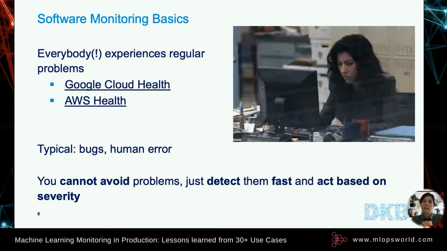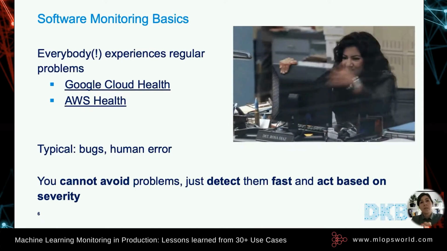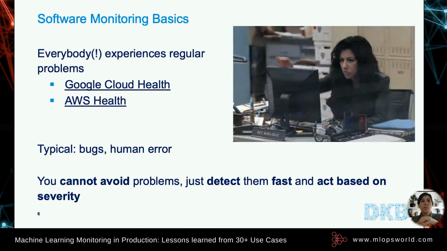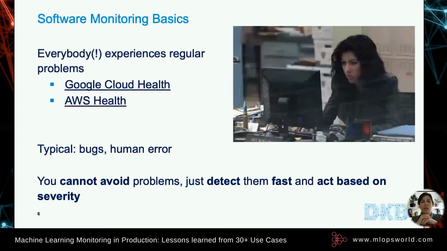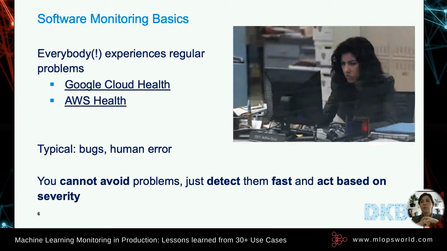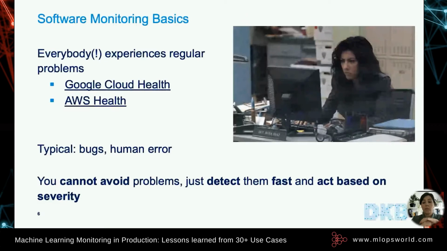Our goal instead is to detect them fast and act based on how severe they are. So even really big players like Amazon or Google experience outages, and they have really top-notch engineering teams. So if they're able to experience an outage or a degradation of a service, it will happen to you too. That's why you need the monitoring.